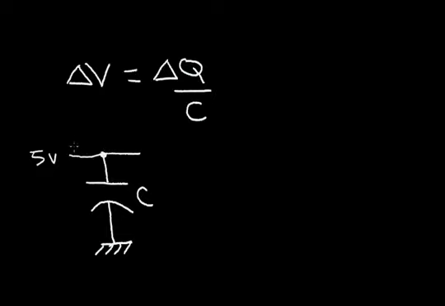If you have noise on your power supply, the capacitor will hold the charge there. It'll hold the 5 volts. And if the capacitor is very big, and remember C in the denominator will make the change in voltage very small, then it'll hold the voltage better.